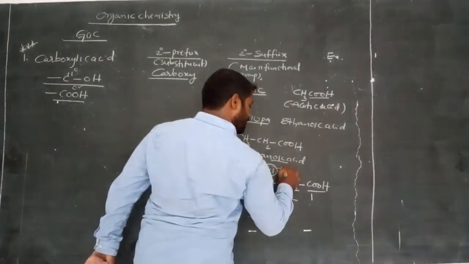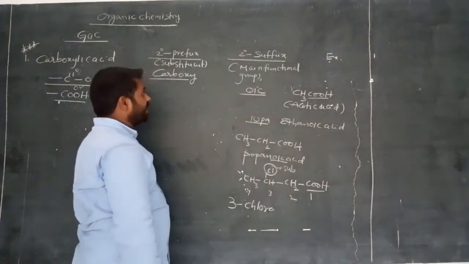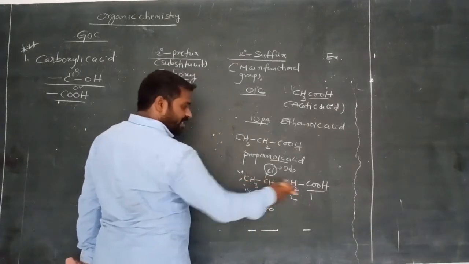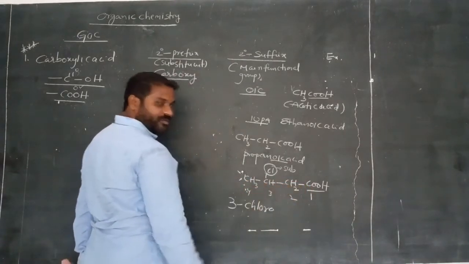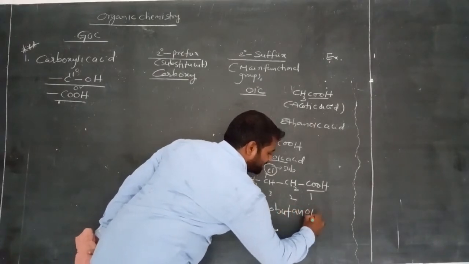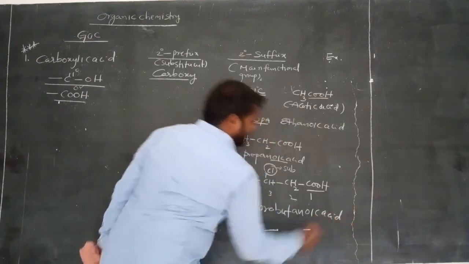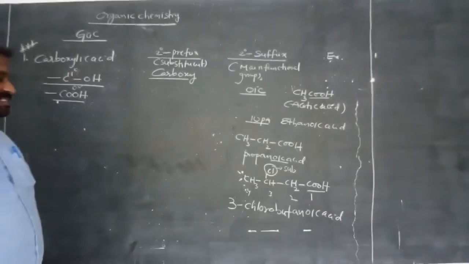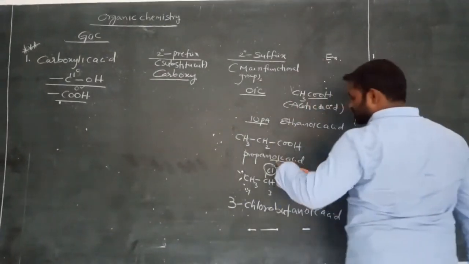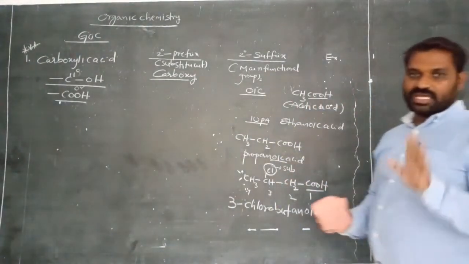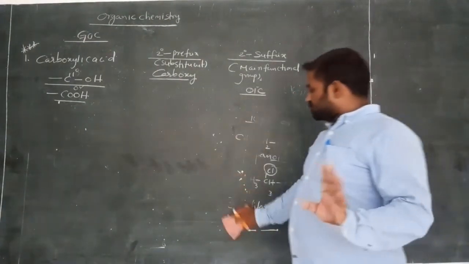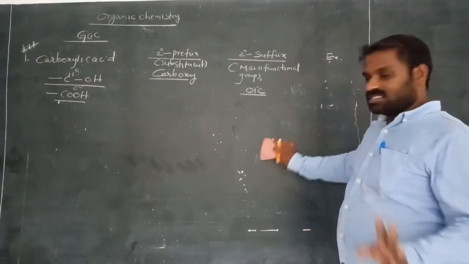Then root word, how many carbons? 1, 2, 3, 4. 4 means the root word is but. Carboxylic acid means butanoic acid. 3-chlorobutanoic acid. Clear, students? So when carboxylic acid is present, the name ends with oic acid. If the COOH group is there, then it is clearly the carboxylic acid functional group.